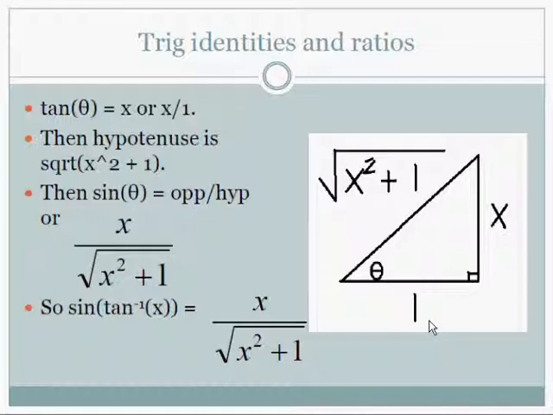Then if we have this right triangle going on, we know from Pythagorean theorem that the hypotenuse has to have a length of square root of x squared plus 1.